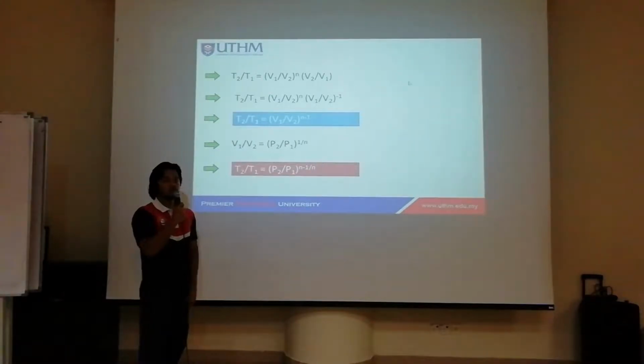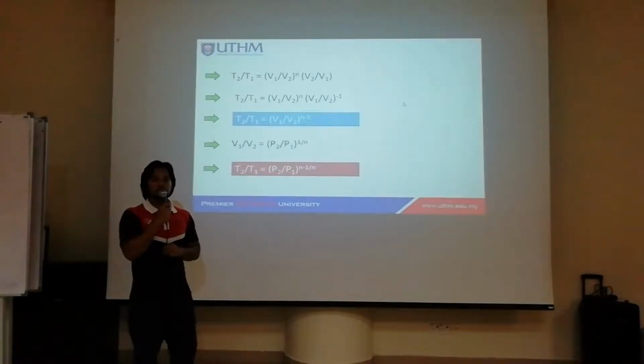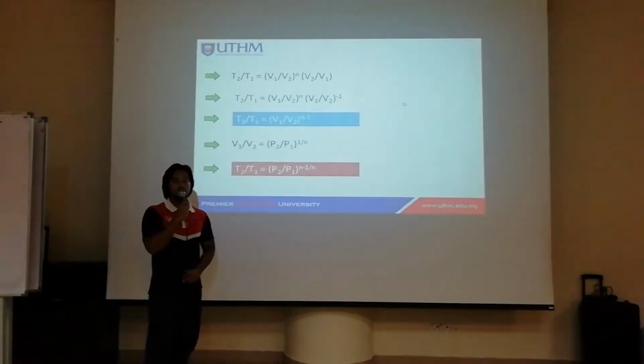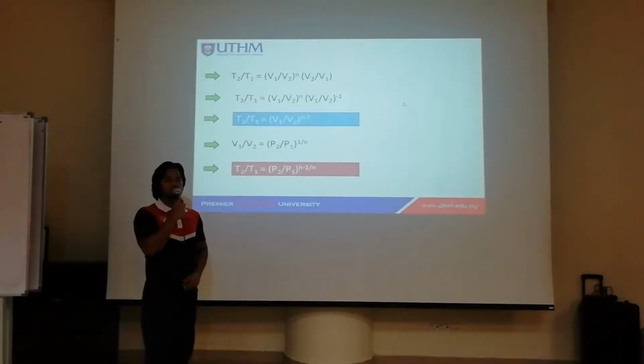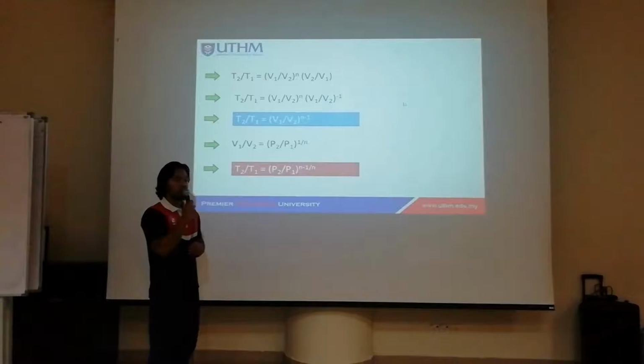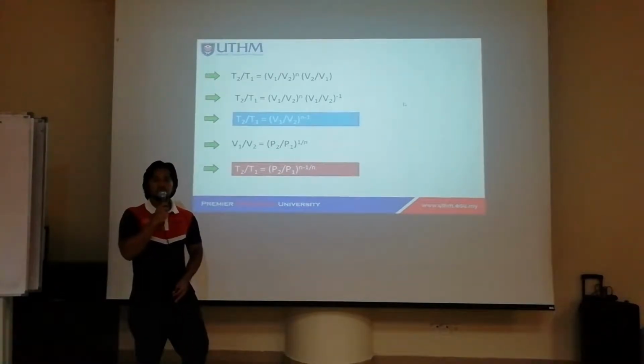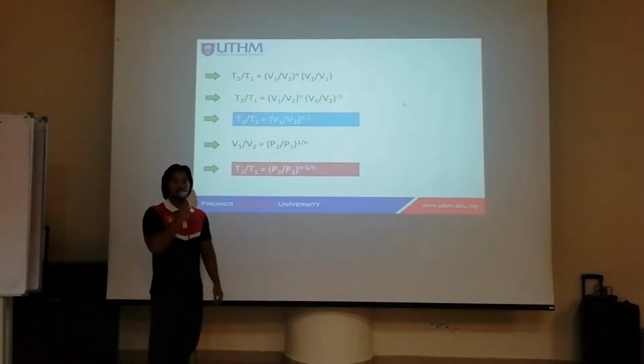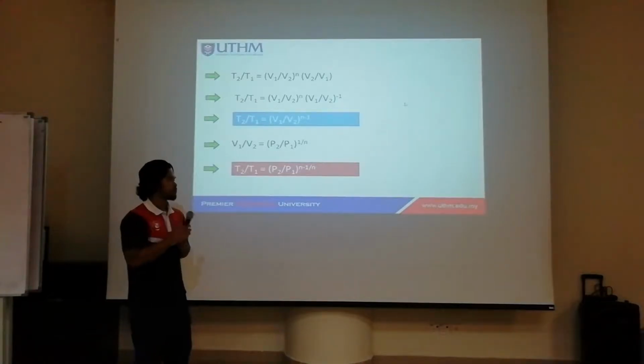Okay, I hope you understand. If you need more time to understand, I will provide a video of about 5 minutes, and I hope you will have a much more concrete understanding of this derivation for the ideal gas in a polytropic process. Thank you.